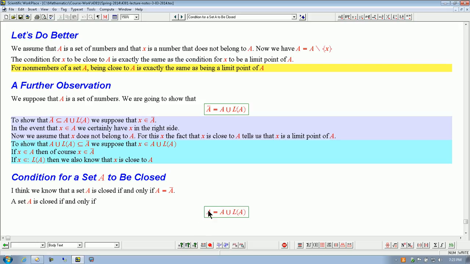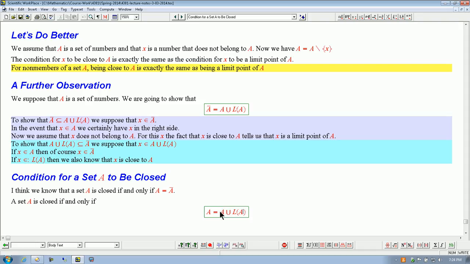Isn't that right? I mean, if you know that this equals A, then all the points here have to belong to A. But if all these numbers belong to A, then the union of this with A is just A, isn't that right? It's not giving you anything new. Here's the point.